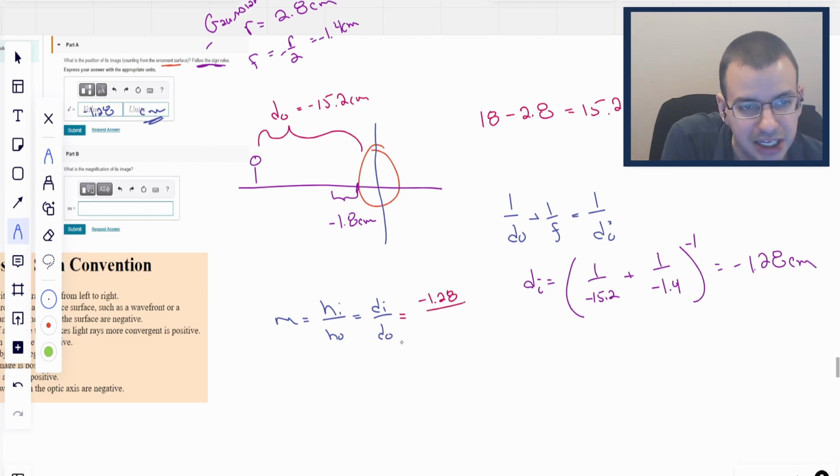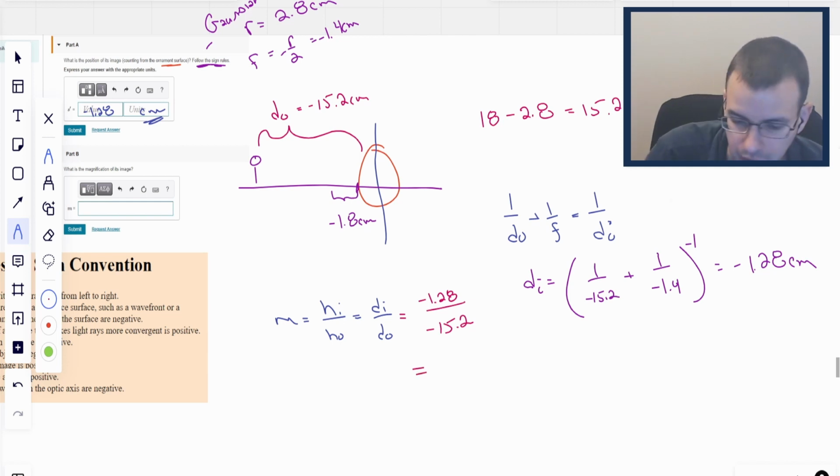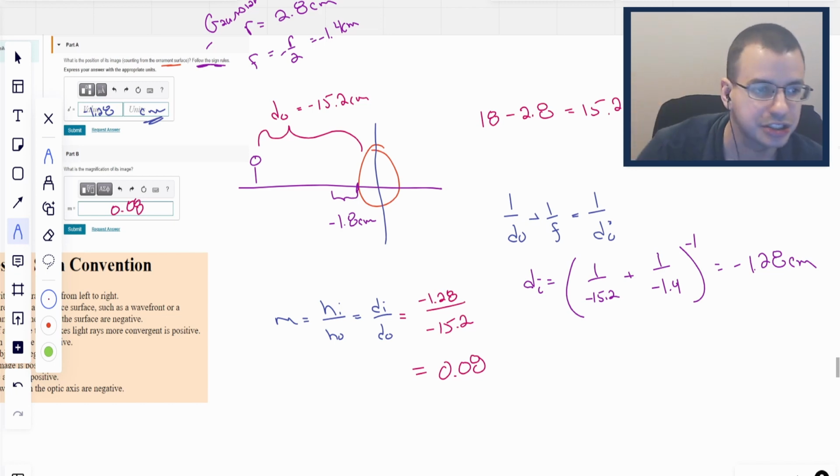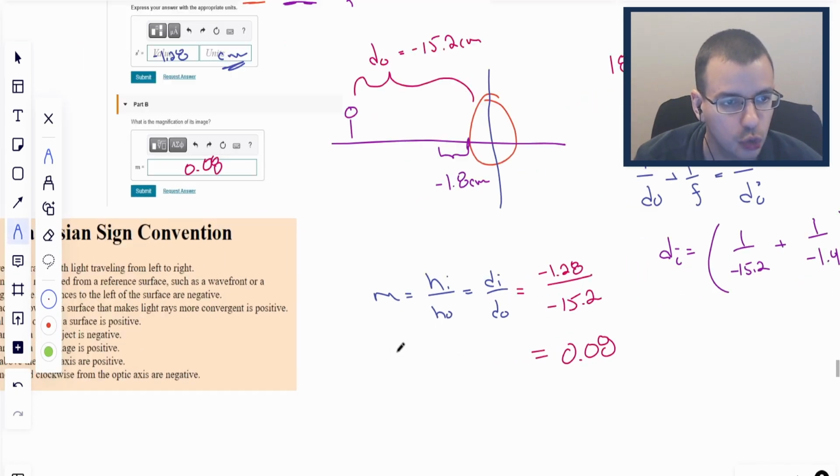Distance object is negative 15.2. And that's going to give us, I'm just going to do 1.28 divided by 15.2, 0.08. So 0.08. And then there's no units for that because magnification is a ratio.